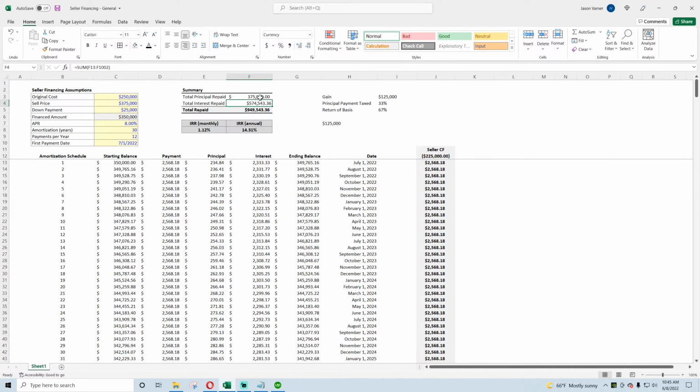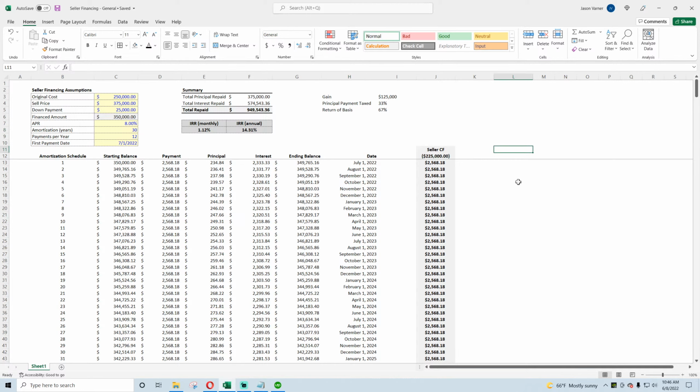Now, 375. Let's just put all this in accounting here. So now 375 is the total I collect. Of that 375, 33% is tax, which is 125. Okay, perfect. So that makes sense. But so they're breaking it up.